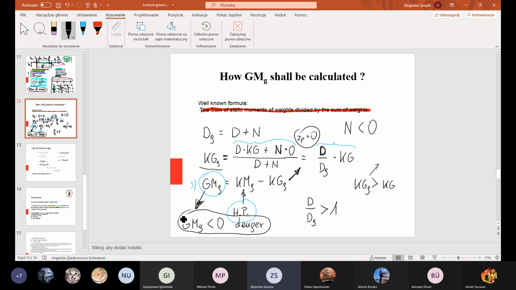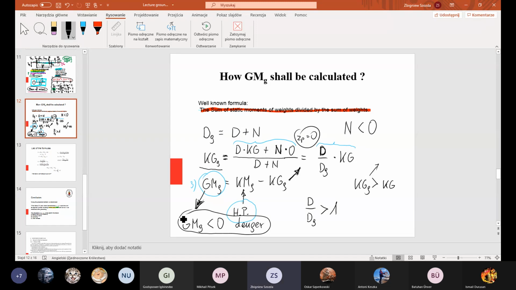The ship has no ability to withstand in an even keel position. In upright position, it is better to say, in upright position. If initial metacentric height is negative, it is very dangerous for the ship because the ship has no ability to float in upright position.